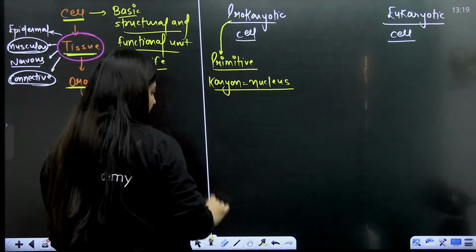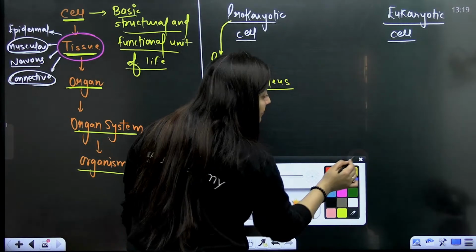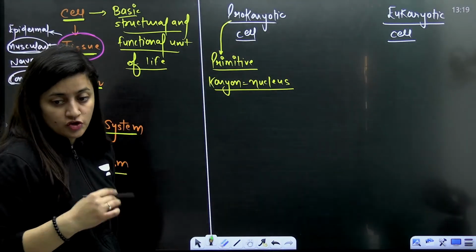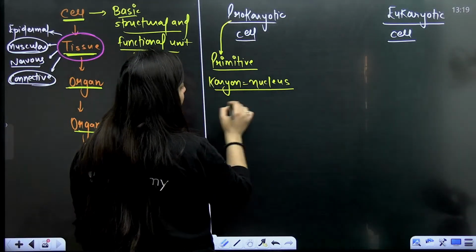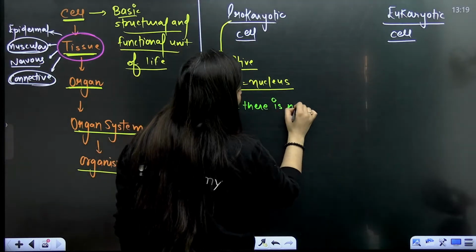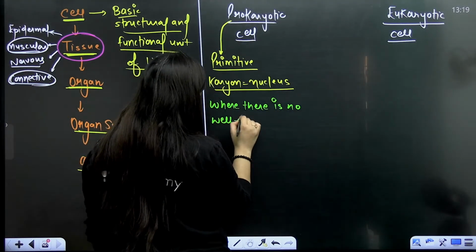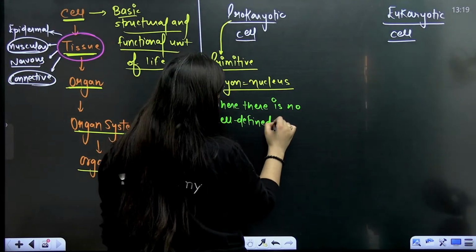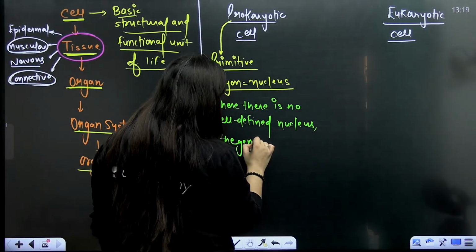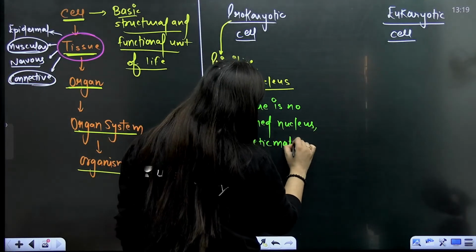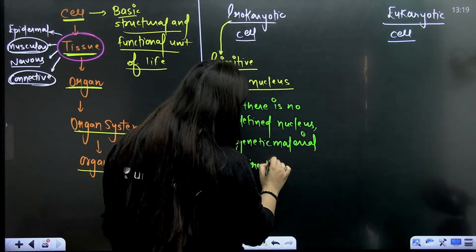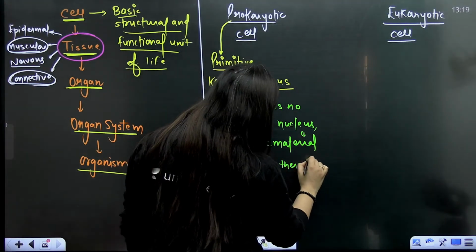So when we talk about the prokaryotic cell, as I said, it is the primitive cell. The nucleus is primitive. So basically, what type of cell is the prokaryotic cell? Where there is no well-defined nucleus, the genetic material is directly there in the cytoplasm.